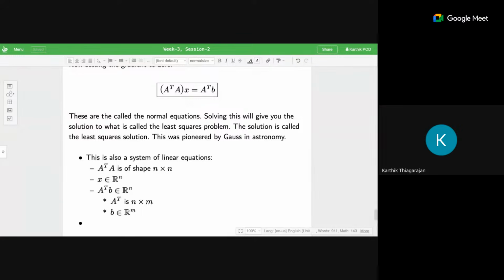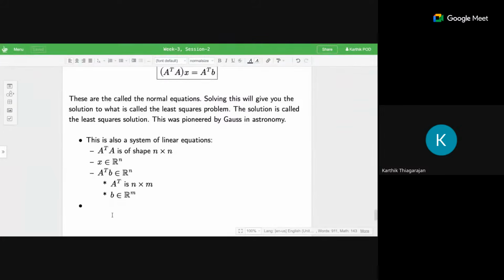Then whatever you have done so far is moot, right? You didn't have a solution to Ax equal to B, therefore you came to this, you followed some steps, and you have come to A transpose Ax equal to A transpose B. But if this doesn't have a solution, then you are once again lost, right? So do you see the problem?